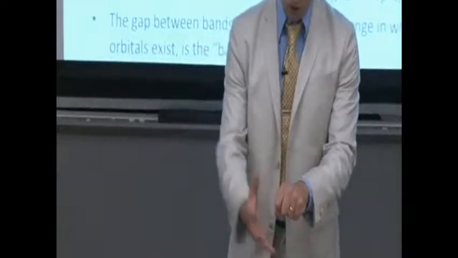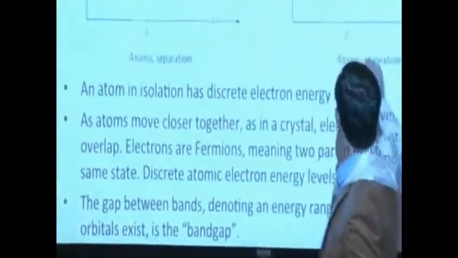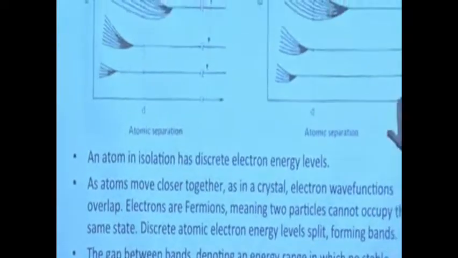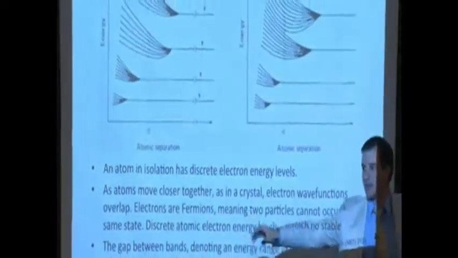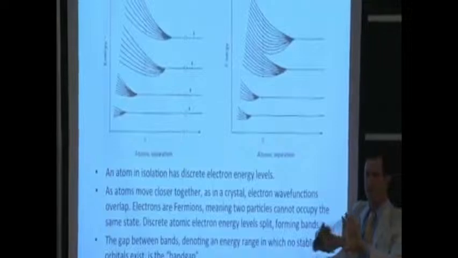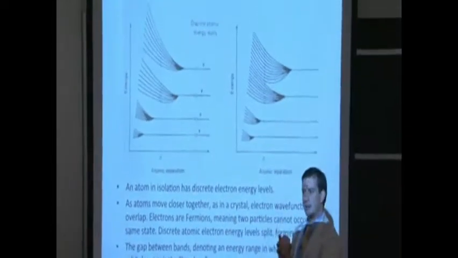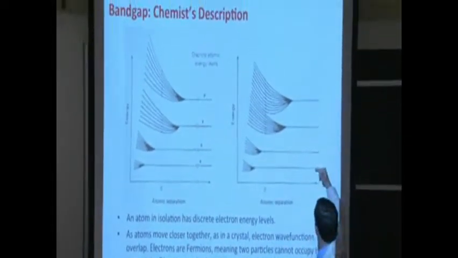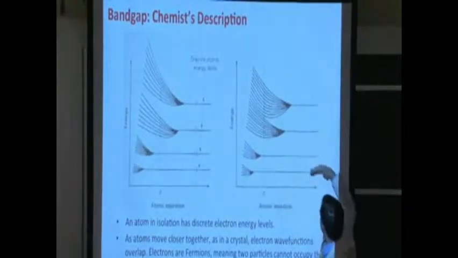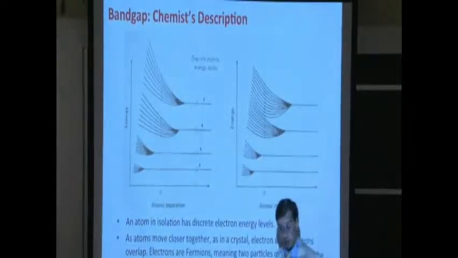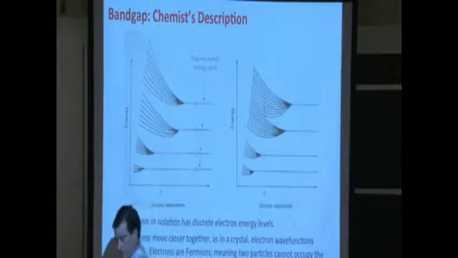You have the core, say the 1s orbital filled, and you start progressing outward: 2s, 2p, and so forth, and you begin filling up the orbitals. Let's see atomic separation. Let's imagine that we have our atoms infinitely separated, so we have just one atom in the middle of an infinite lonely space. We would have discrete energy levels corresponding to the different orbitals around the nucleus.